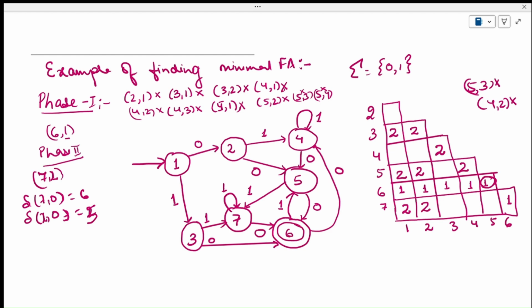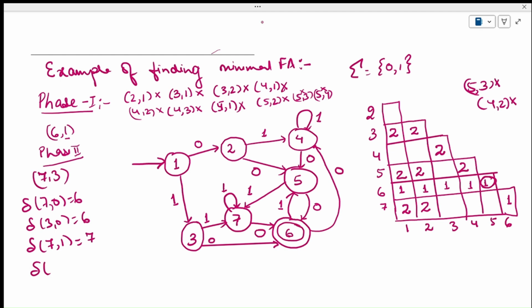Now repeat the process for 7 3. 7 on reading 0 is going to state 6, and 3 on reading 0 is going to state 6. Now take another symbol, that is 1. 7 on reading 1 is going to state 7. 3 on reading 1 is also going to state 7.